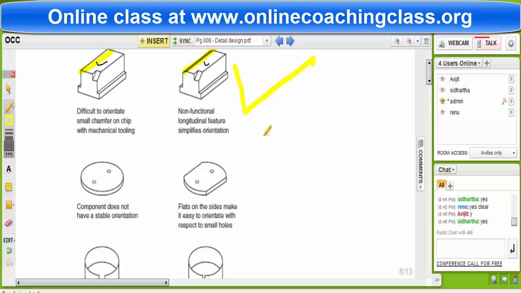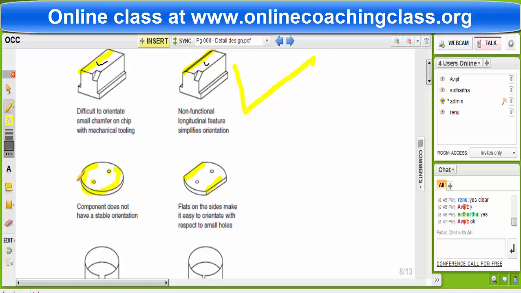Now see, this is the component. It is circular in shape and two holes are there. Rather than making this unit circular, if you make this unit this type of shape, then it is easier to fit, because in a circular position it is very difficult to identify the position of the hole matching with the other position, because every angle looks the same.